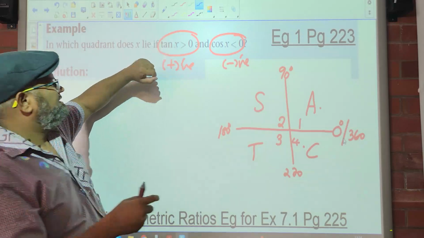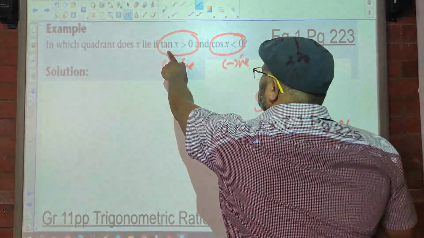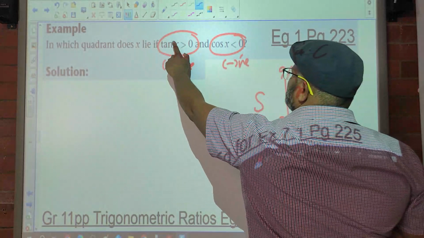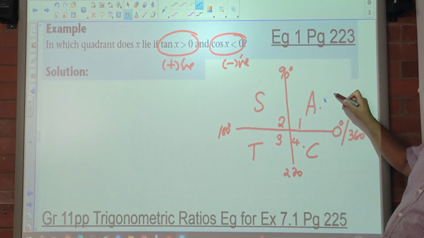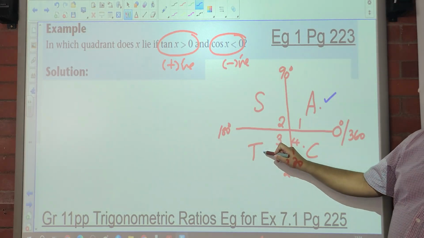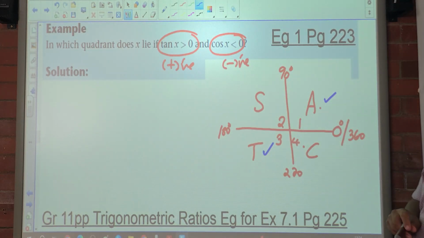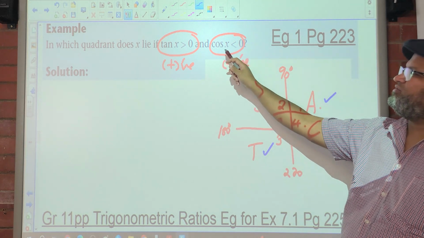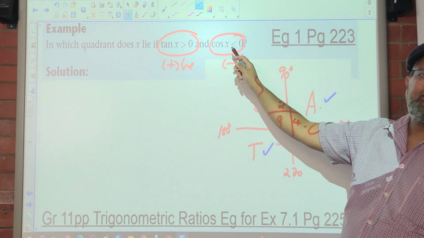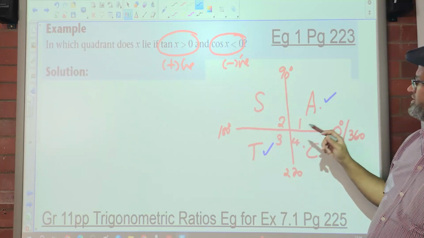You see that? So we ask ourselves, okay, which quadrant is tan greater than 0, which means to say tan is positive. So where is tan positive? Quadrant 1 and 3. Okay. The second part of the information is, where is cos less than 0? What does less than 0 mean? Negative. In which quadrant is cos negative?